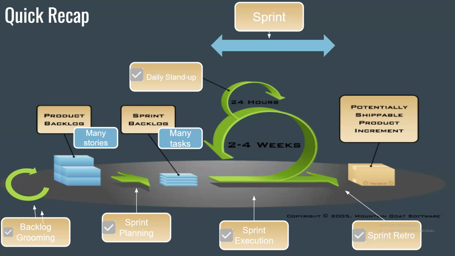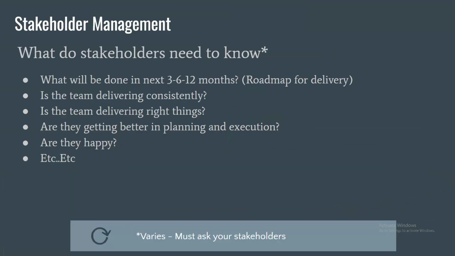Because what we have been discussing so far was from the perspective of the team, how the team will do the backlog grooming, how the team will do the sprint planning, what they will do in the sprint execution. But you know what? They have to keep their customers, their stakeholders happy, because they get paid because of the stakeholders.